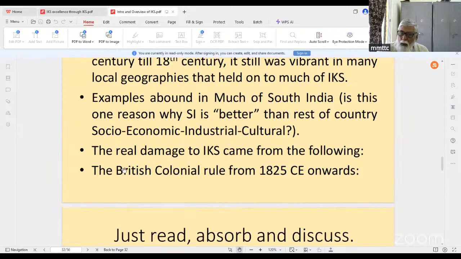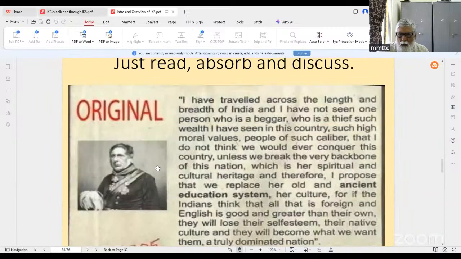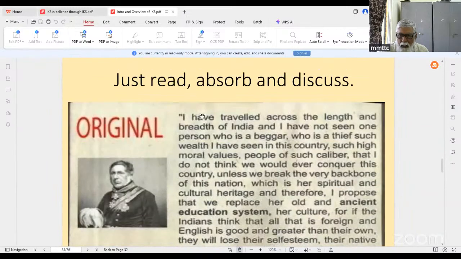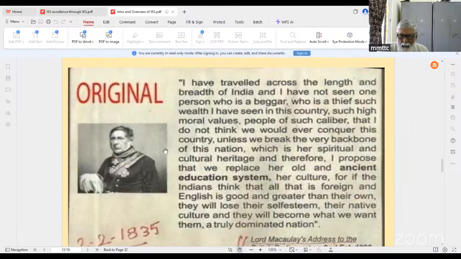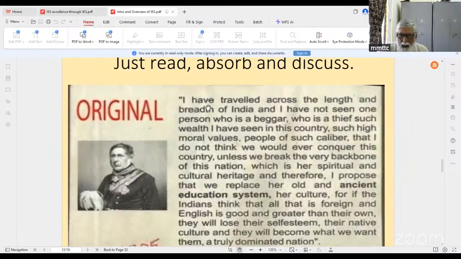Of course, the real damage to IKS came from the British colonial rule from 1825 onwards. Just see this. This is the original: read, absorb, and discuss. "I have traveled across the length and breadth of India and I have not seen one person who is a beggar, who is a thief.